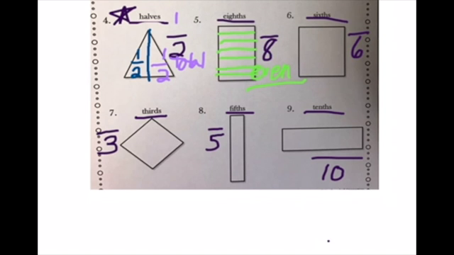Oh, now I ran out of room. What would I do? This is what we would do, okay? If it's an even number, like the number 8 is right here, I can cut my shape in half to start, and then I could cut each piece in half again.